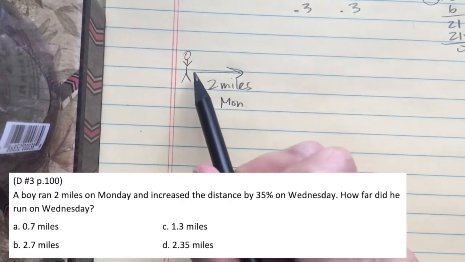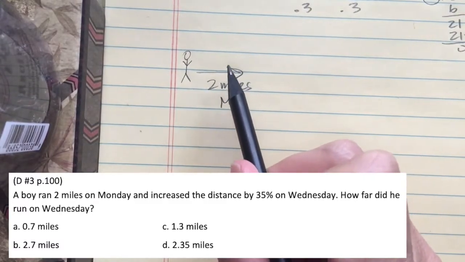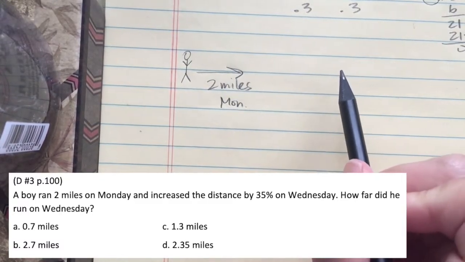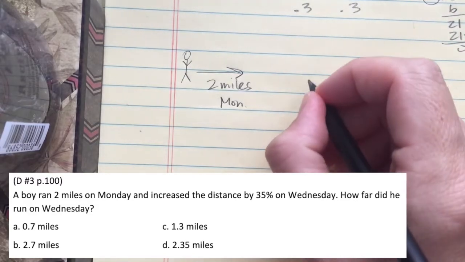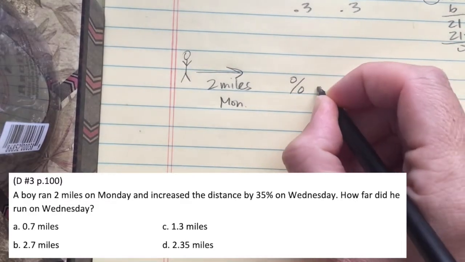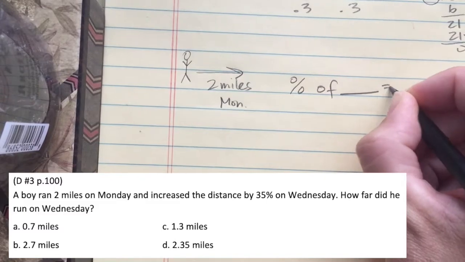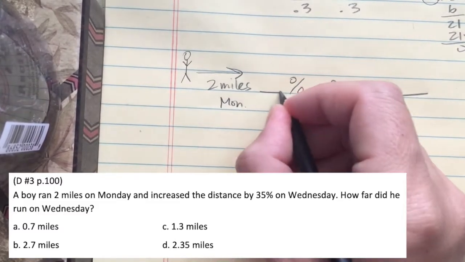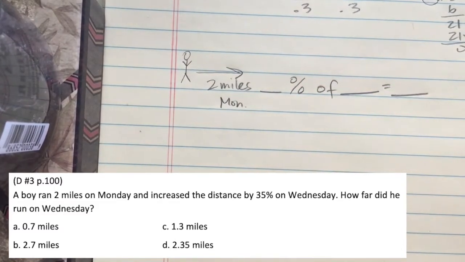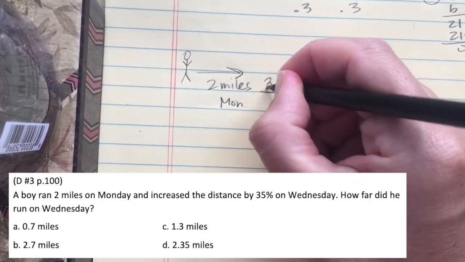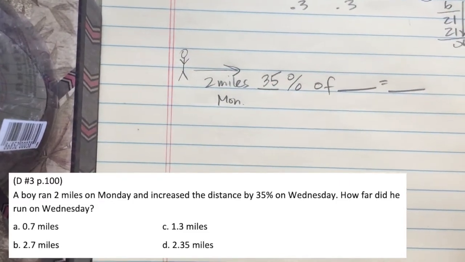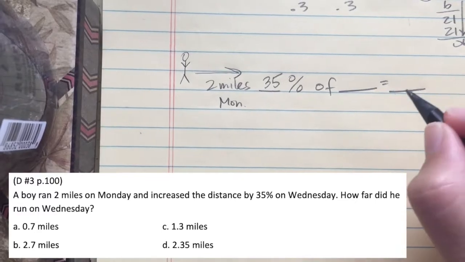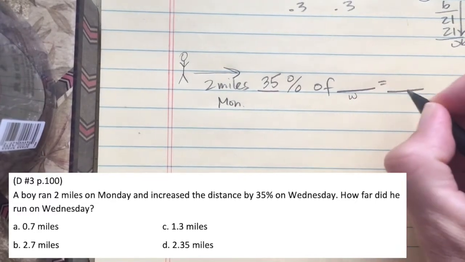So this kid ran 2 miles on Monday and then he went 35% further on Wednesday. So I need to figure out which is the whole and which is the part. I know the percent, right? It's 35%. So 35% of whole equals part.